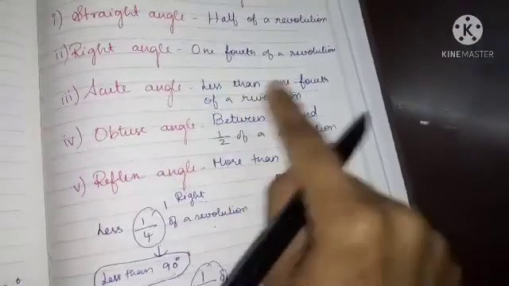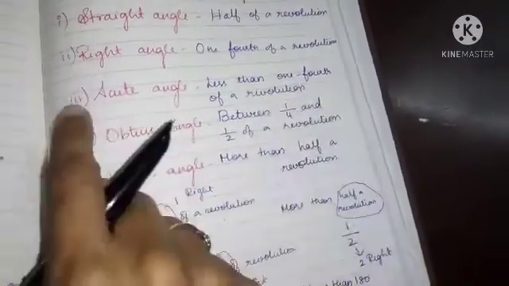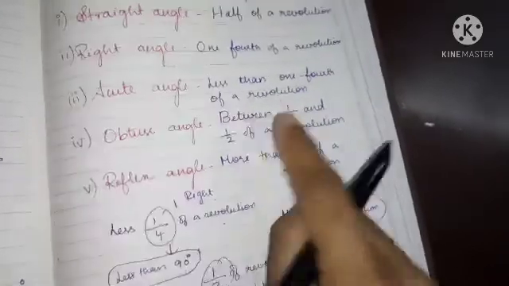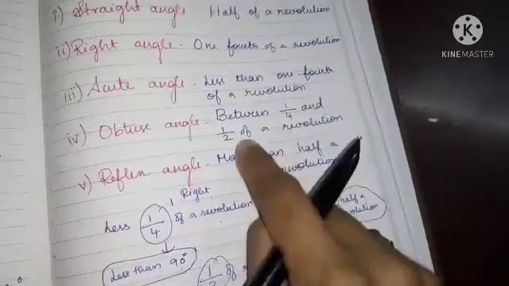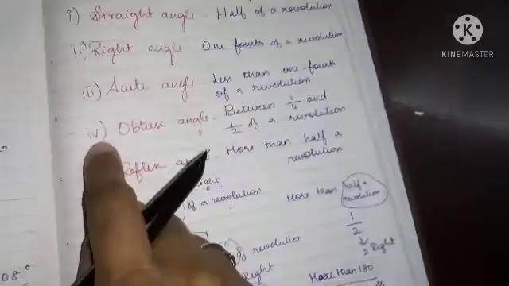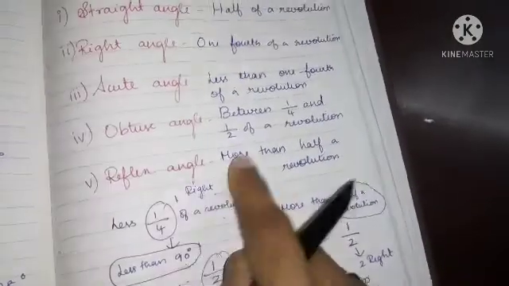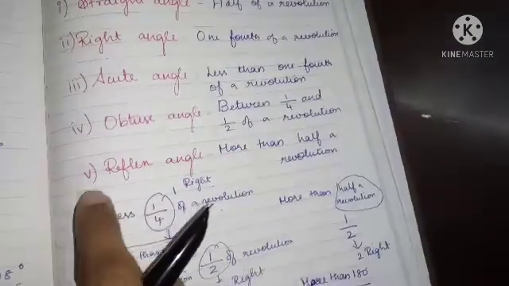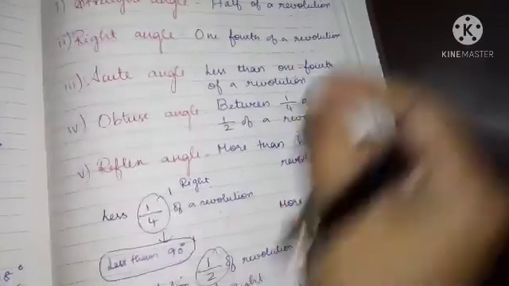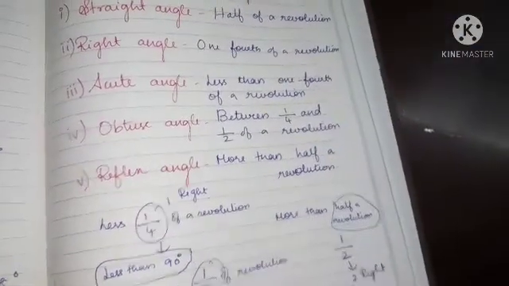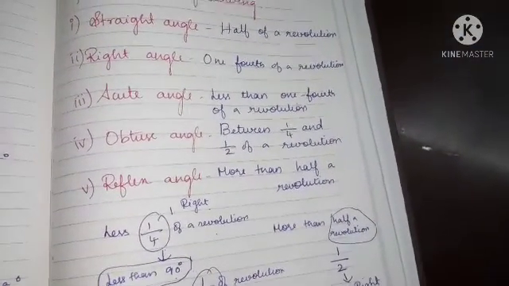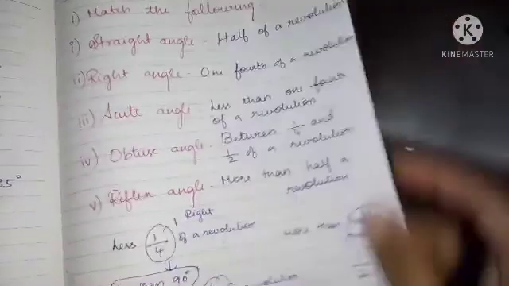Right side of less than 1/4 of a revolution write it as 3. Between 1/4 and 1/2 of a revolution you write it as 4. More than half of a revolution you write it as 5. These all should be written on your left side. Understood? So you should write the answers in the textbook, children, using a pencil.